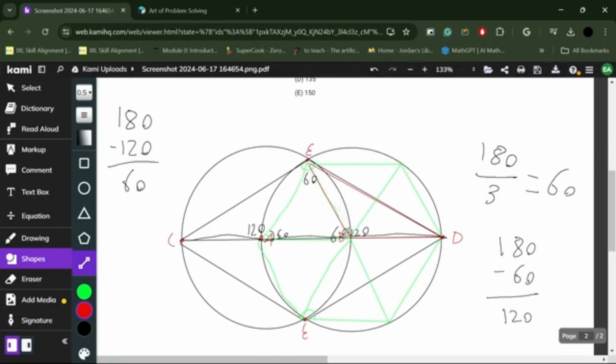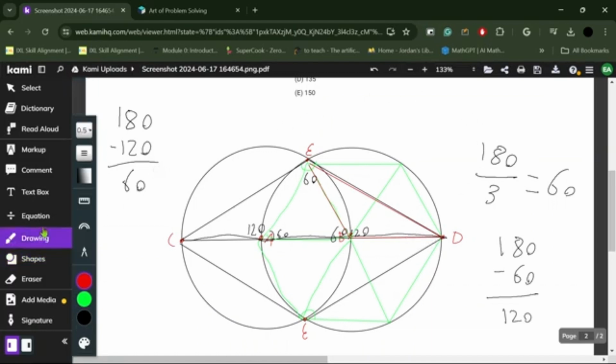This side of the triangle and this side of the triangle are actually equal. We know that because all of these triangles, all of the sides are equal, right? And since this is actually just the side length of this triangle, and so is this, these are equal. Now when we have two equal sides, it's an isosceles triangle, but it also means we have two equal angles.